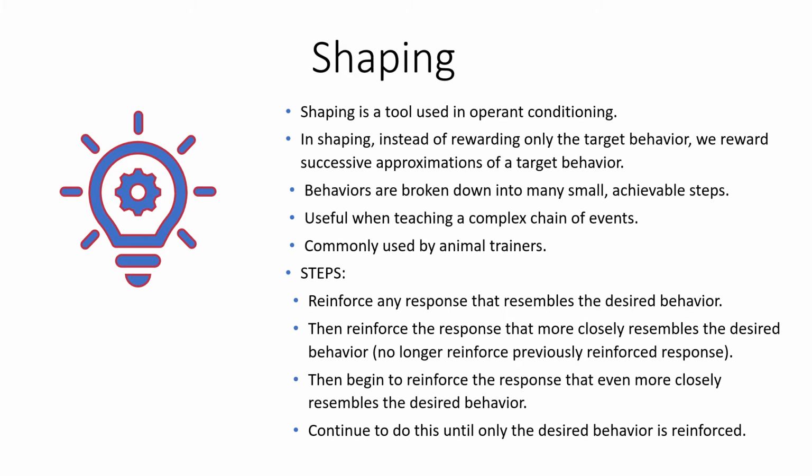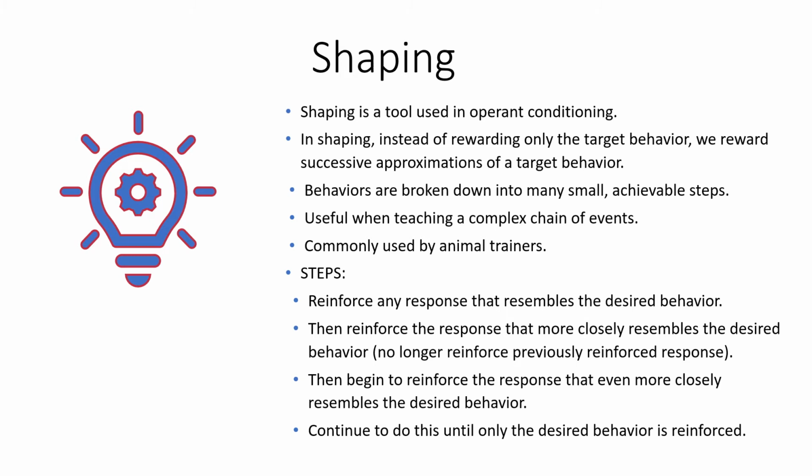And you're going to want to come up with a series of steps, by the way, before you start this. You want to come up with steps that gradually approximate the desired behavior, so that you start with the dog touching the pedal. Then what's the next step that you want the dog to engage in? Maybe it's the dog is climbing onto the bike, okay? And then there's going to be another step and another step.